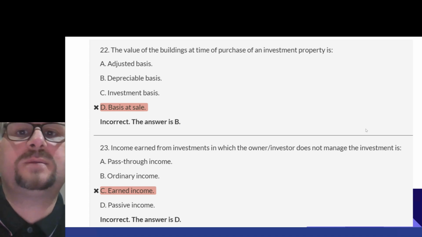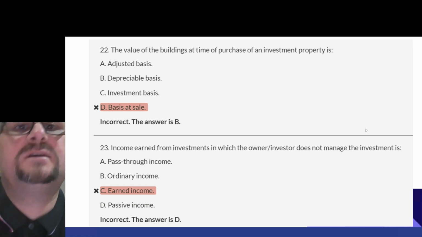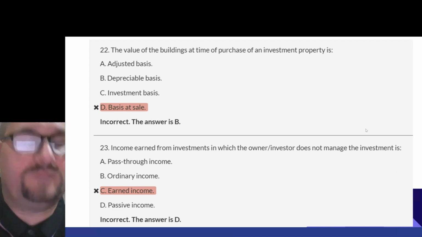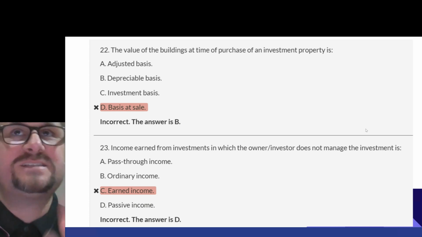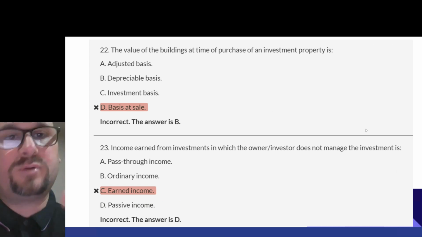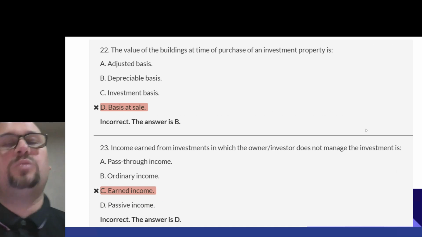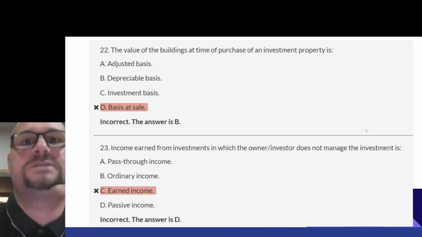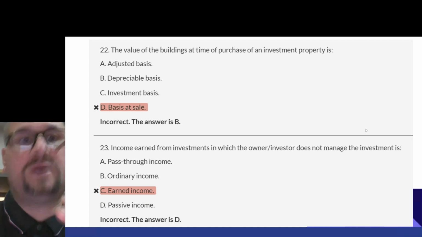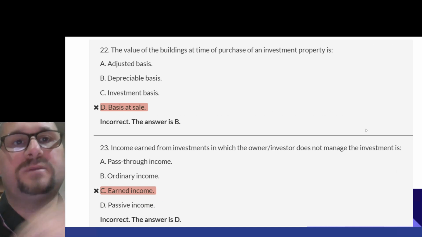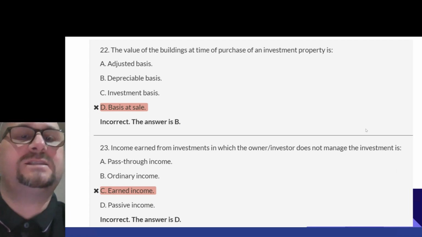The value of the building when you buy it, of an investment property, is depreciable basis. This is a common one people get wrong. Depreciable basis is when you first buy your building, and it has to be an investment property. That's called the depreciable basis that first time. Is it adjusted basis? No. Investment basis? No. A basis at sale? No.